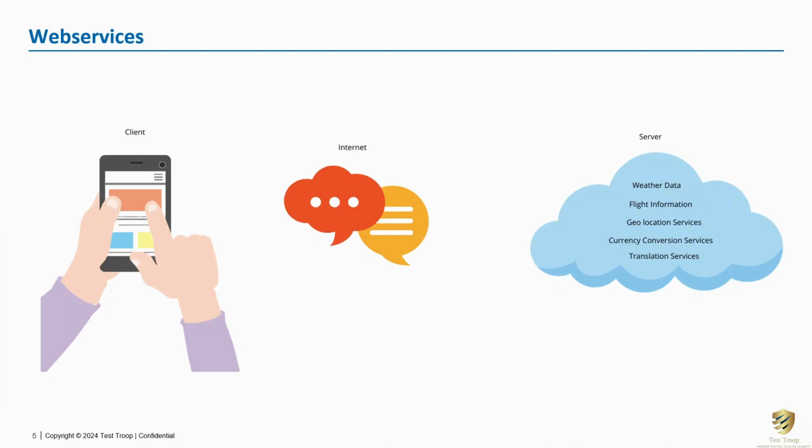This clearly indicates that the internet acts as a communication link between the application and the translation service, which is hosted on Google Cloud. Now it is clear that the internet acts as a communication link between the service provider, which is a server, and a service consumer, which is a client.